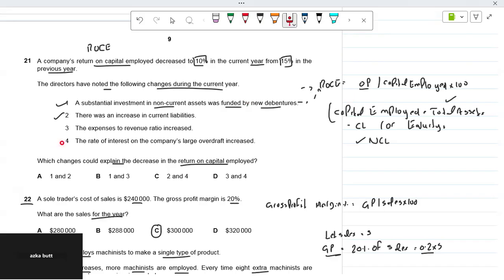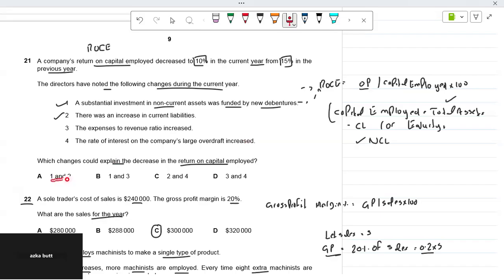Now let's see the 4. The rate of interest on the company's large overdraft increased. So higher interest expense reduces net profit but does not directly affect the operating profit. Since ROCE is based on operating profit, this change does not directly explain the decrease in ROCE.